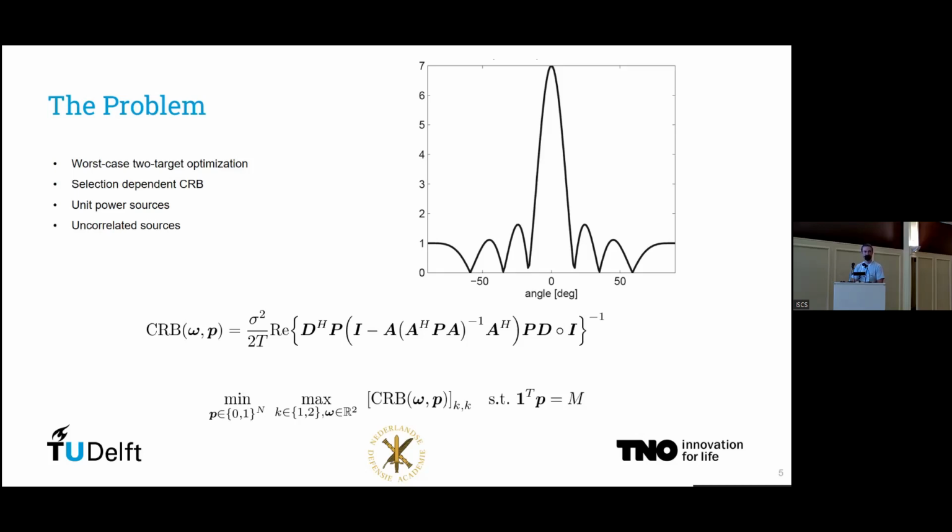Yeah, the back. Just had a question. Are all the sources equal power? Yeah. Any idea how the design would change if one is stronger, one is weaker? Well, I think in that case, it would be very obvious which one would be the worst case. That's also why we chose to do equal power, because otherwise we would still have to put a limit on how much more powerful one can be than the other.